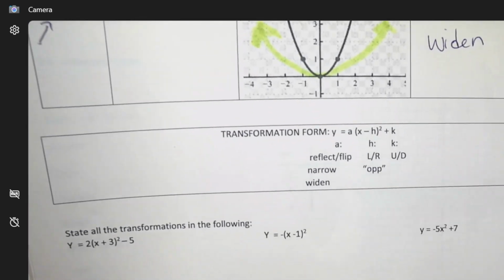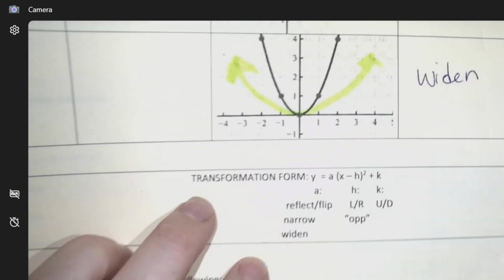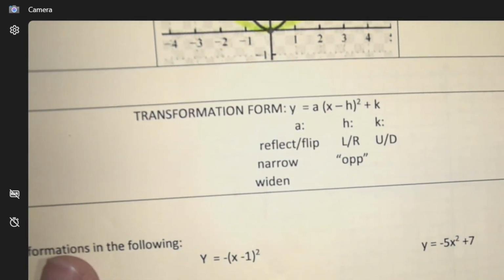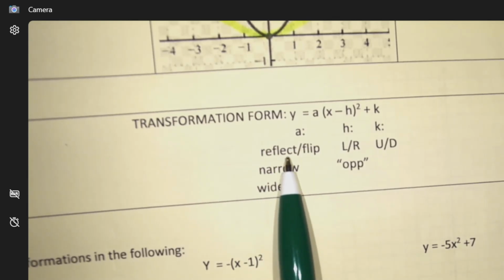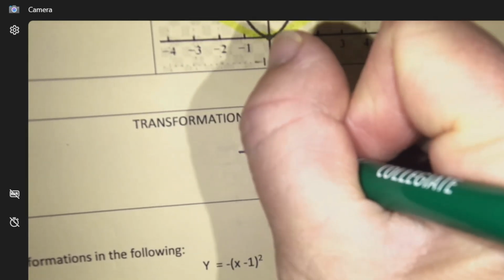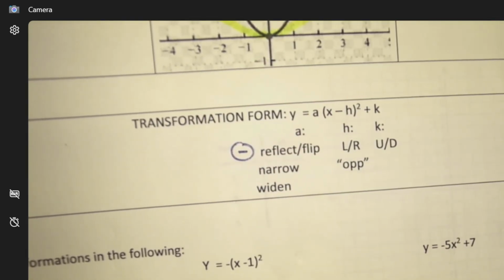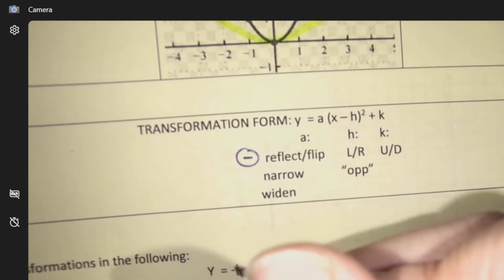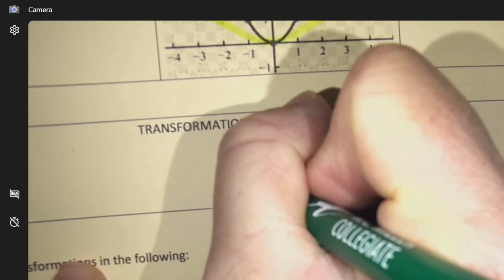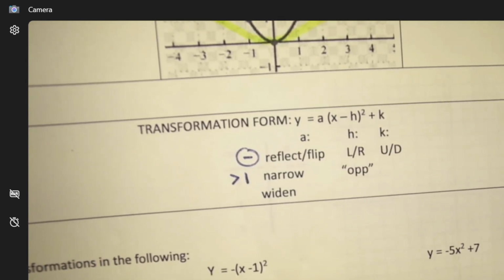Okay, so here's what's happened. If you have a multiplier in the front, it flipped. If there was something negative there, it made the U shape go upside down. If this multiplier was bigger than 1, it narrowed it.